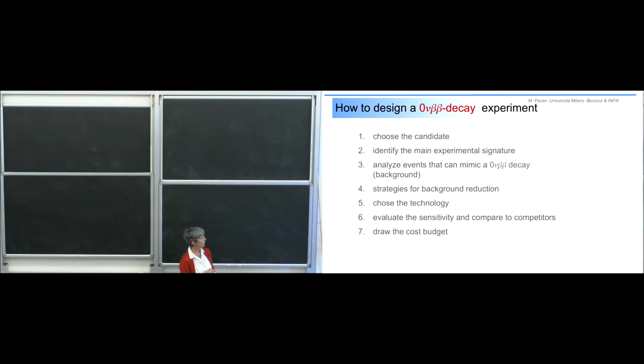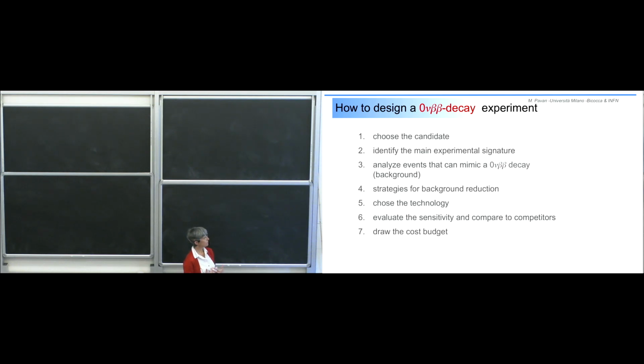And you have a list of choices, requirements, or general needs that you have to analyze in order to design your experiment. And this is not a hierarchical list. That means you can reshuffle most of these points, and they are correlated one with the other.